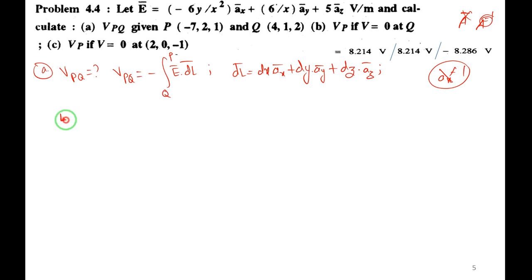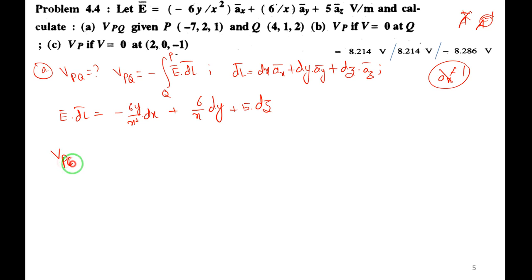Next, find out E dot dl. Just multiply the corresponding x, y, z components. Minus 6y by x square into dx. Then second, 6 by x into dy, plus 5 dz. Okay.